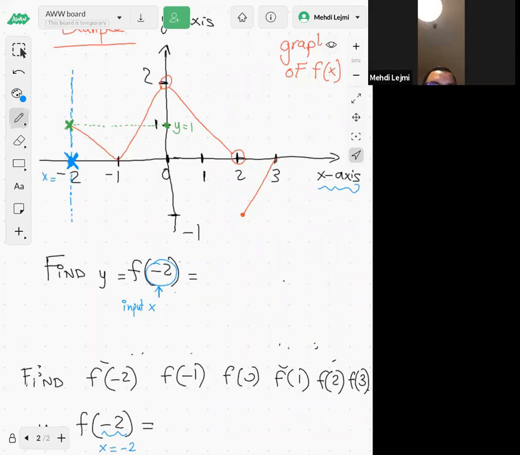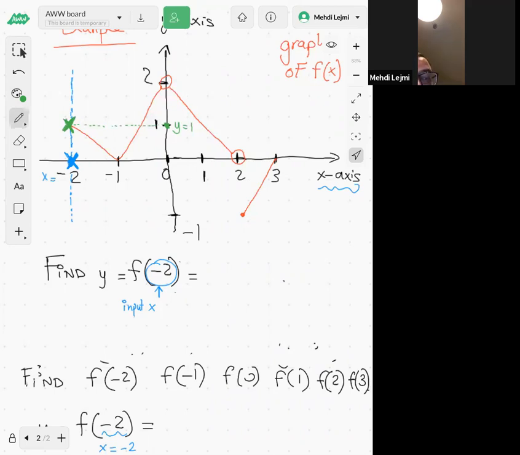It passes through the input x equal to -2. Now, this blue line intersects the red graph at this point here. That's where my vertical line intersects the graph, right? Is that okay?